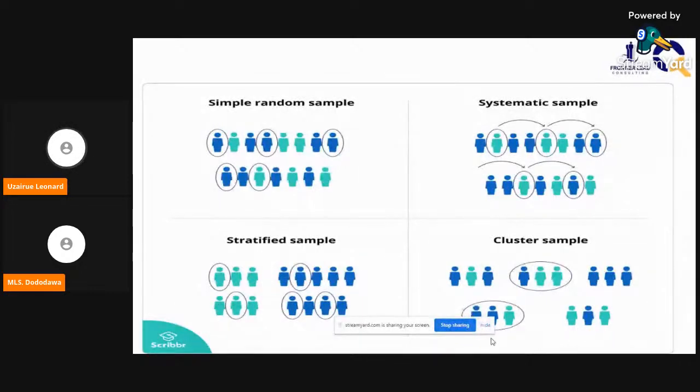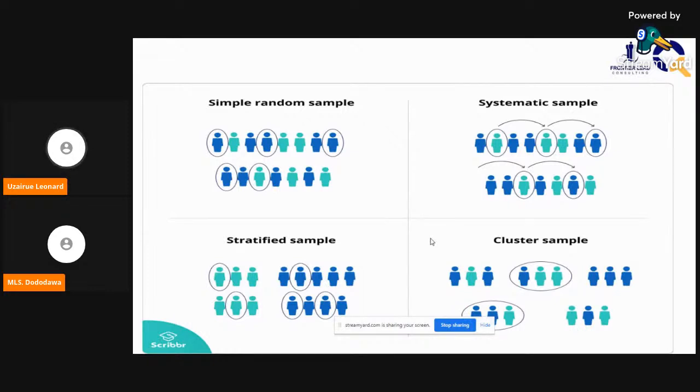But if it's not possible, then you can sample individuals from within each cluster using one of the other methods we have described earlier, like stratified, systematic, or simple random sampling.